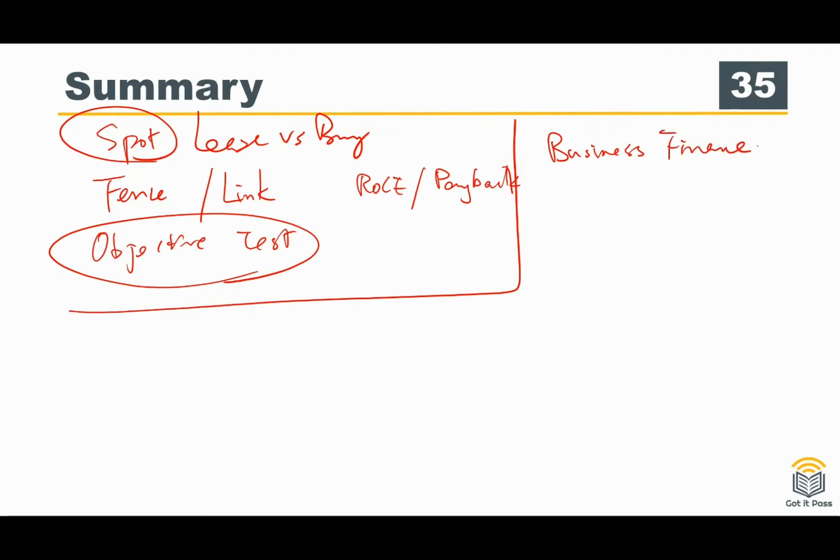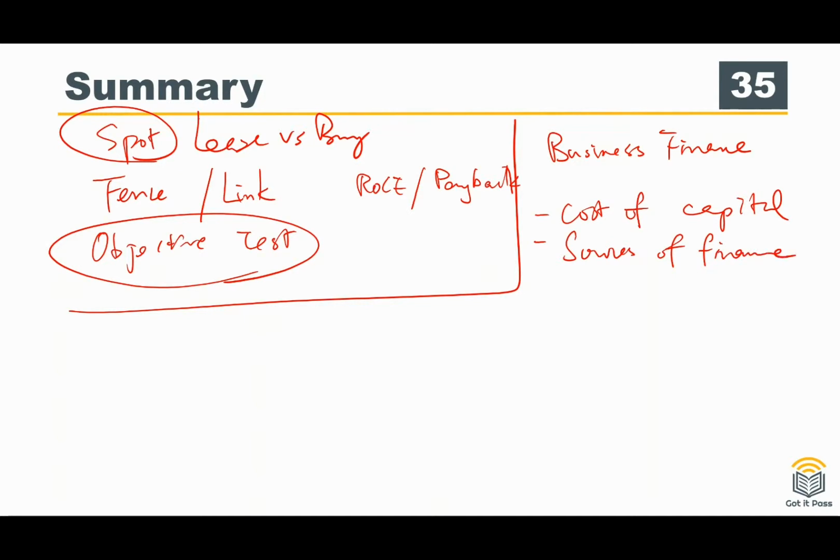And for business finance, we have cost of capital. We have sources of finance. Okay.